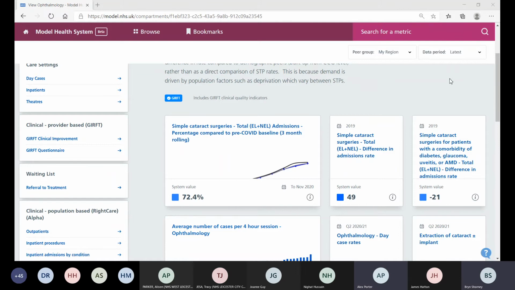Yes, I think there's a few different ways in, and as I say, some of them are very much in development. So we've got the opportunities section and those headline metrics. That's one way to go into specific areas.